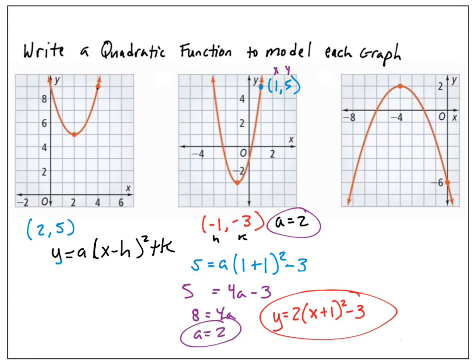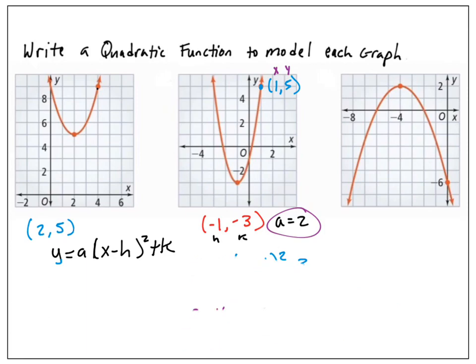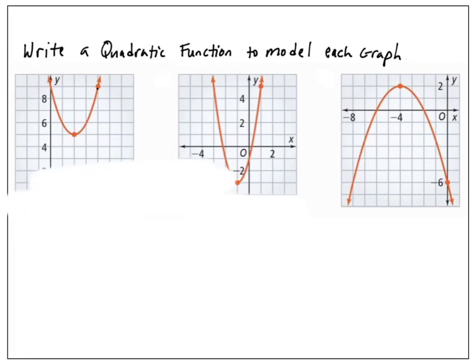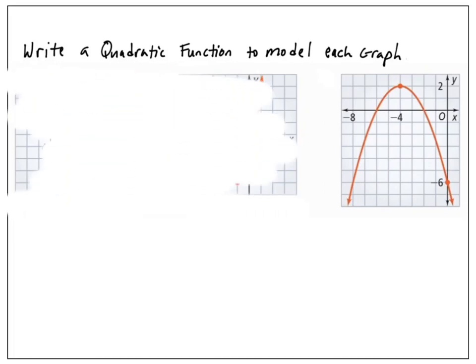So let's look at that third graph there. I'm going to get rid of all this stuff here so I have some space. All right. So for the third one, let's ignore the rest of these for right now. For the third one, we want to find the equation of this particular function.